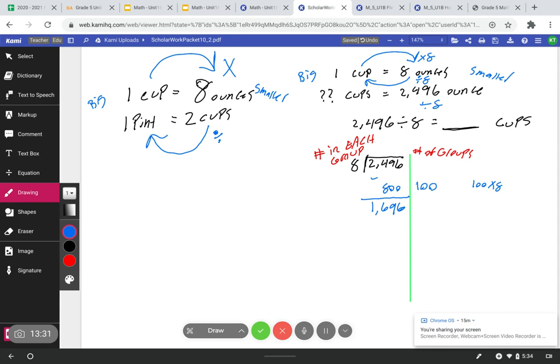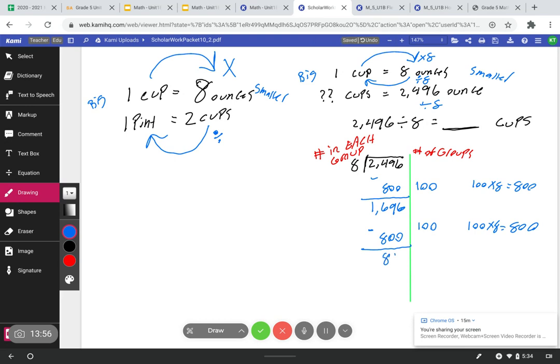What friendly number can I take from that? You know, I don't want to make life harder than it has to be. Let's do another 100. Let's do another group of 100 and see what happens. So 100 times 8, 800. So let's do 1,696 minus 800 and see how many we have left over.